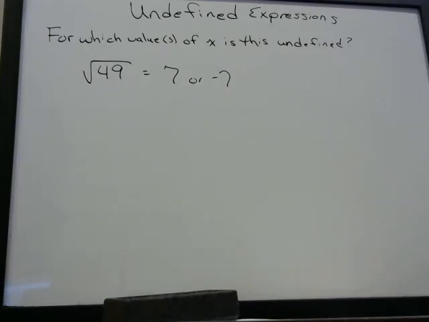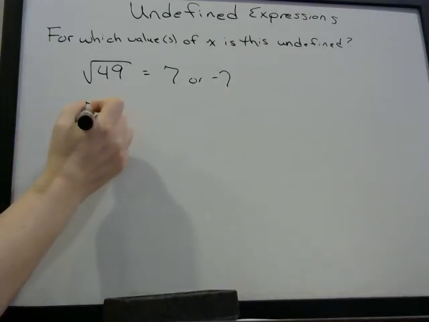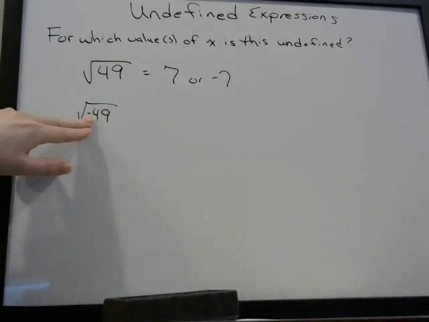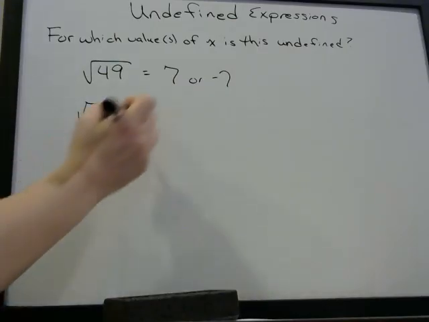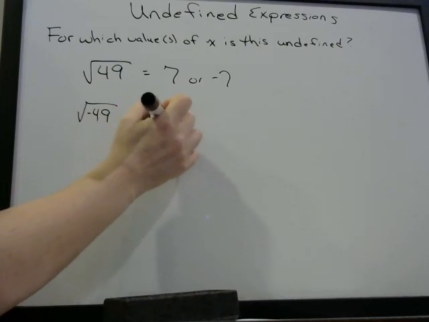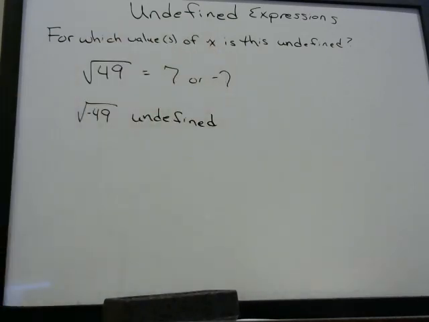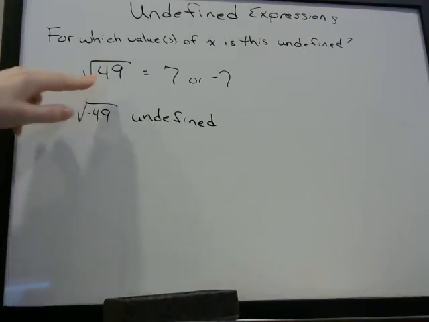But normally in the GED test, we're really just looking for the positive number. But what is undefined for the GED test is, what's the square root of -49? That is undefined for our purposes.